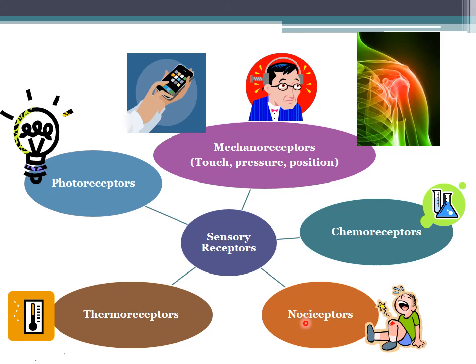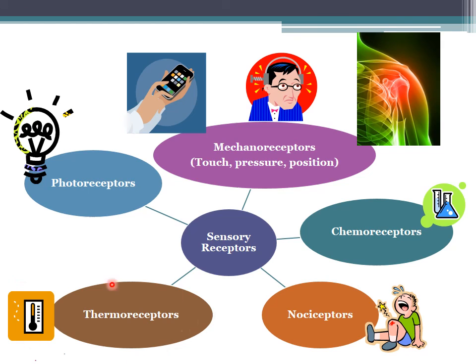Now, that's kind of important, particularly for those of you who are going clinically, because there's a common drug that people use to inhibit pain that actually works by blocking the release of substance P from these neurons that are carrying pain information. That drug is called morphine. Morphine works by blocking the release of substance P from pain neurons.